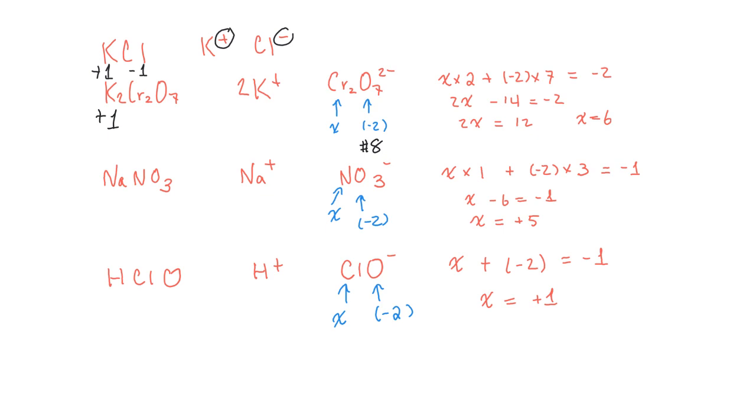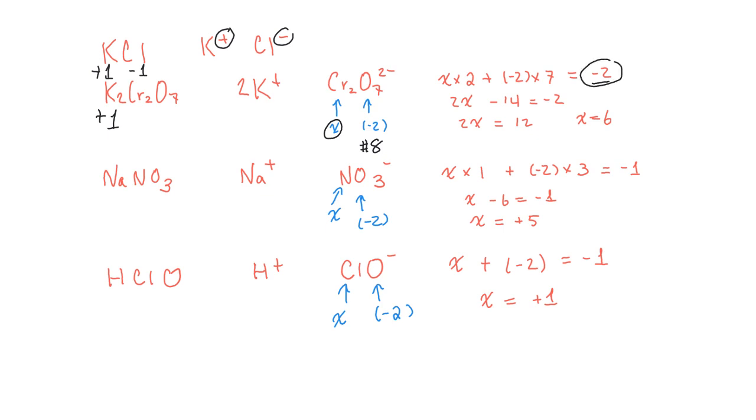Then let's put the oxidation number of chromium as X. Now we finally apply rule number 3. So if we add all the oxidation numbers together, that will lead to the charge of the dichromate anion. So in this case, that is -2.